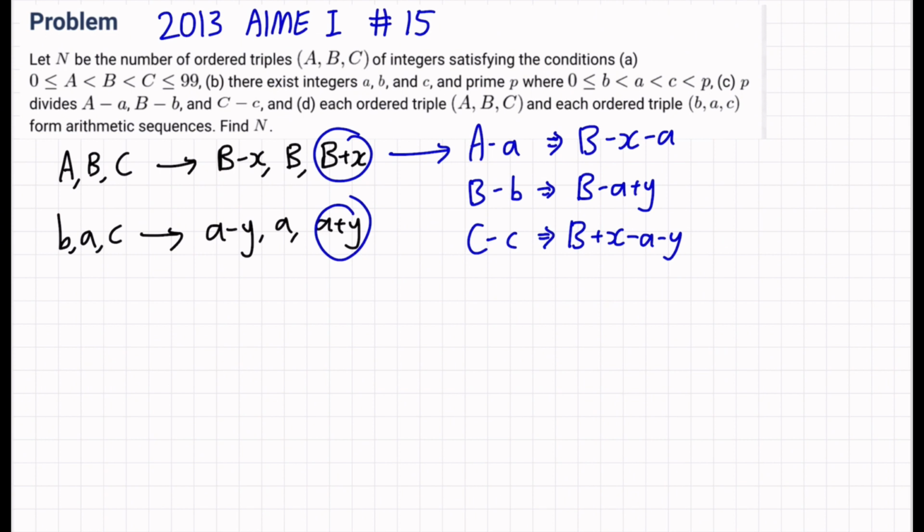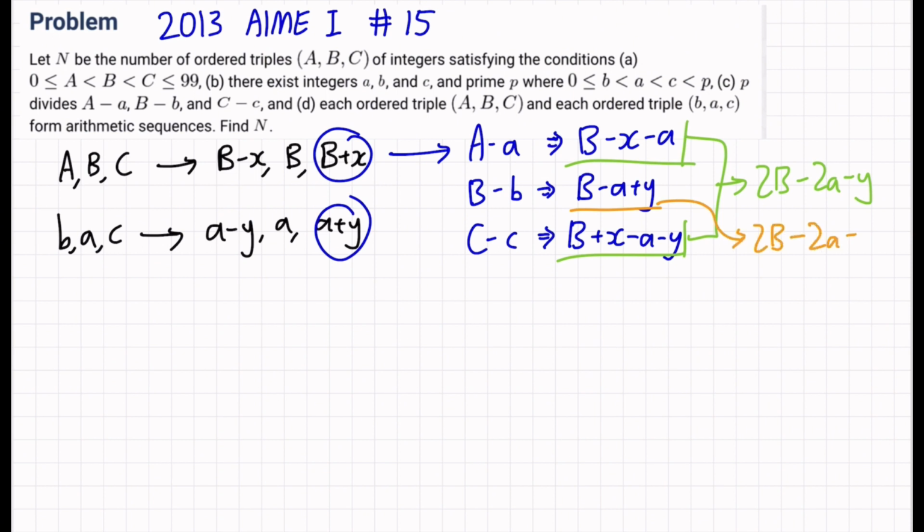What we're going to do next is add these two together. If we add these two together, we get 2B, and then these two cancel, and these two come together, so we get minus 2A and then minus Y. Next we multiply this by 2, which gives us 2B minus 2A plus 2Y.